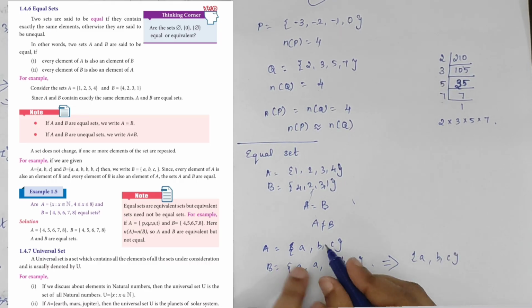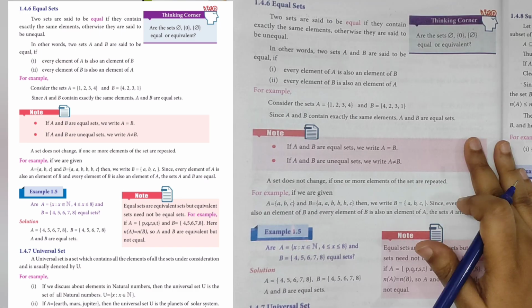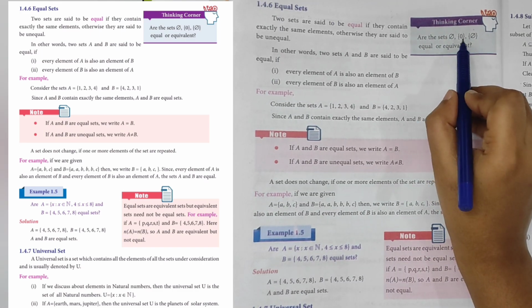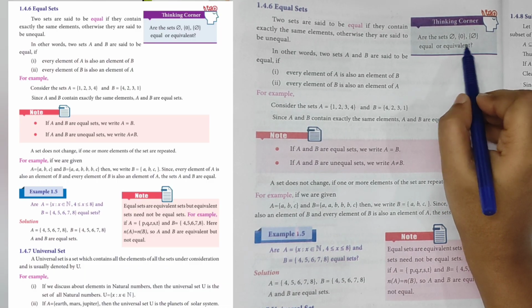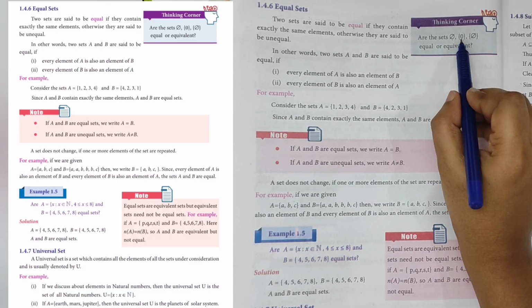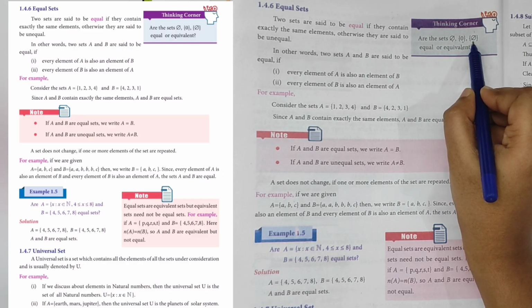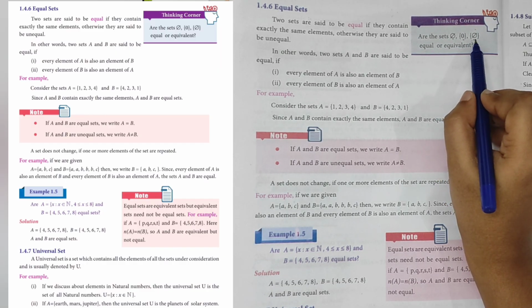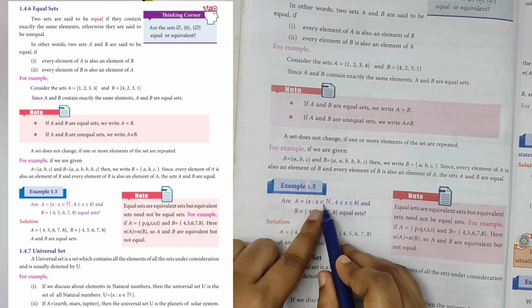So they are still the same, isn't it? So set A is equal to set B. So next, are the sets null set, {0} and {null set} equal or equivalent? No, right, they are different. This is the empty set and this one has one element in it, that is 0, and this one also has one element in it, which is an empty set. These are different sets.